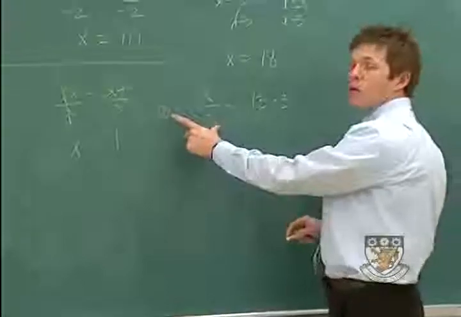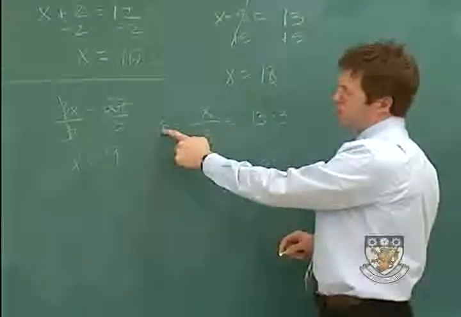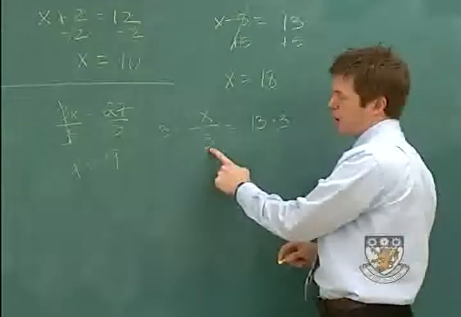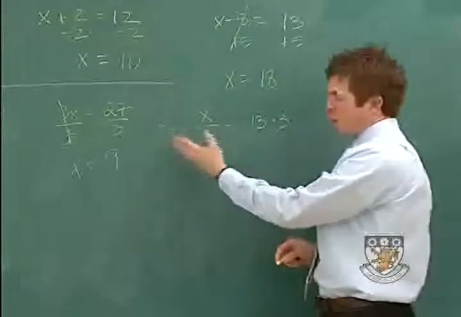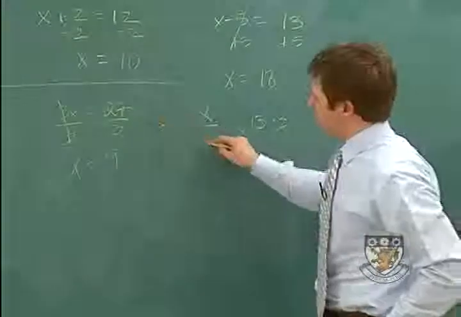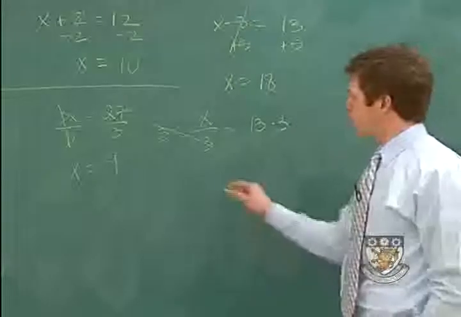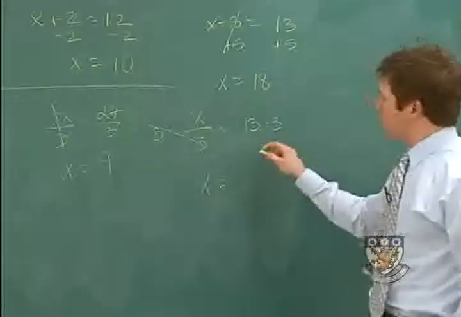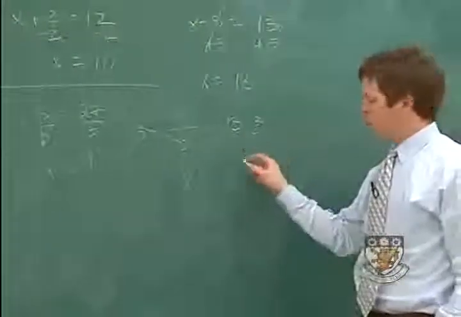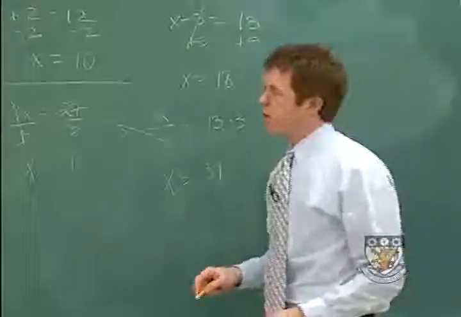The only number that will work so that I isolate x, get x by itself, is multiplying by 3. Where did I get that number? Right here. If that number was a 7, I would multiply both sides by 7. If I multiply there, those 3's cancel each other out, and I end up with x equals 13 times 3, or 39.